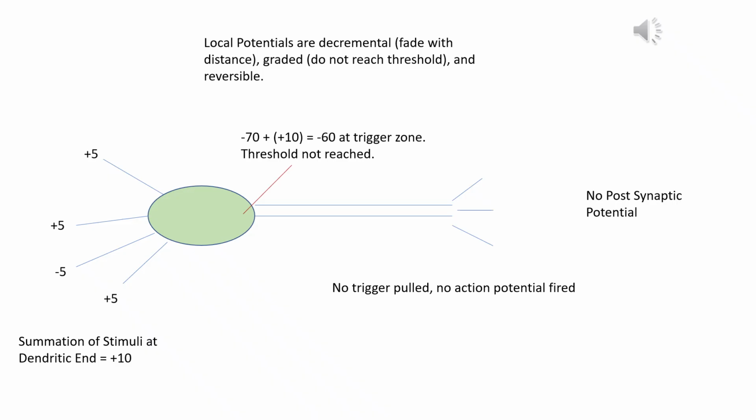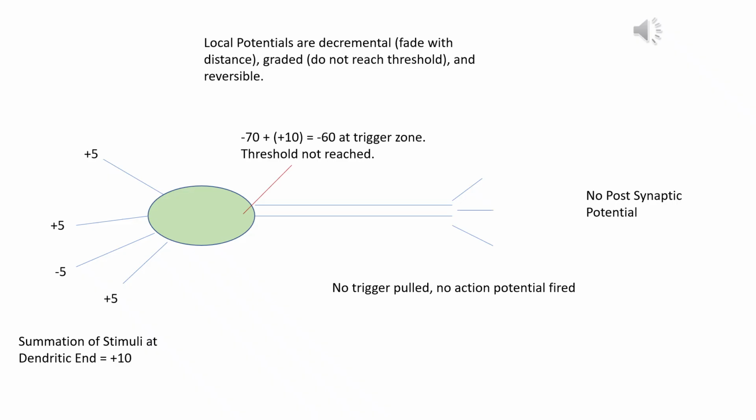Some stimuli are depolarizing, influx of sodium. Some are hyperpolarizing, influx of chloride. Chloride is negatively charged. Sodium is positively charged. So look at the 4 stimuli arriving at the dendrites in this little illustration.